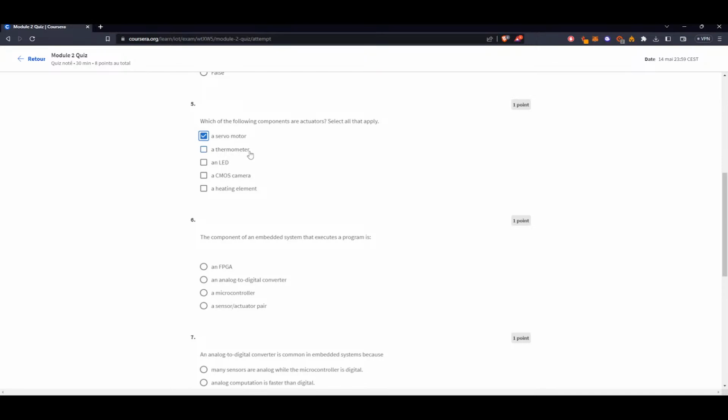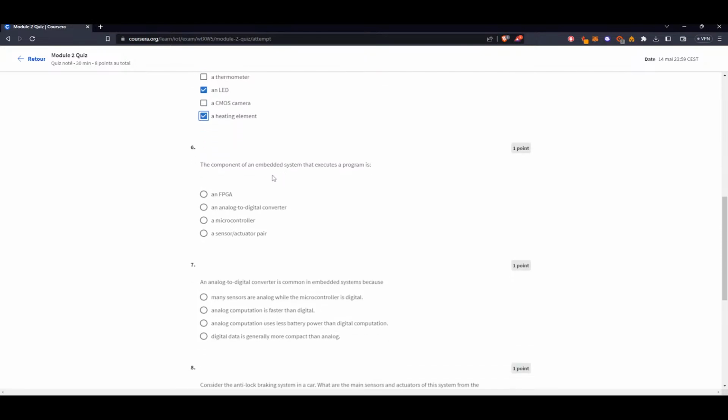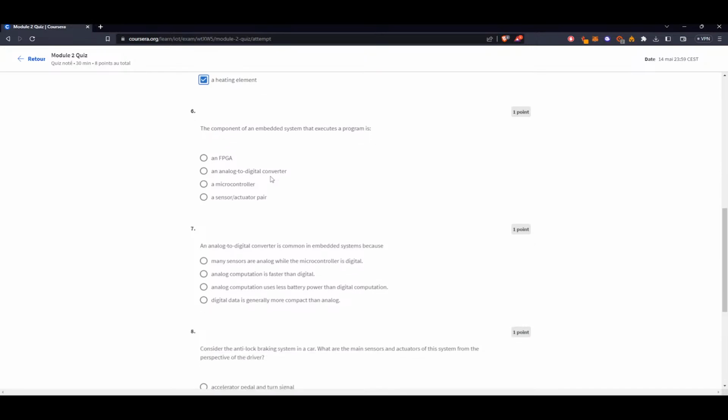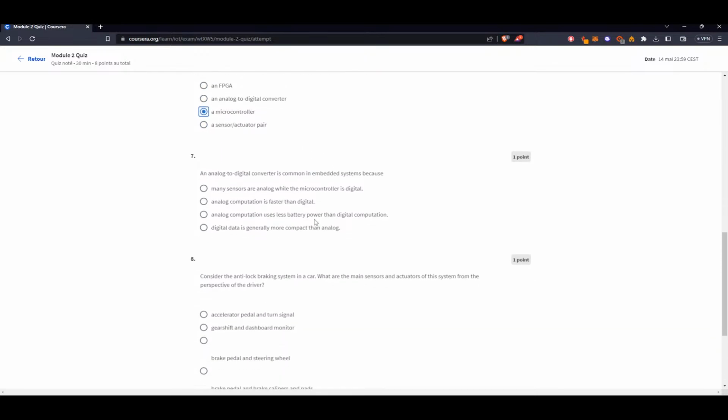Which of the following components are actuators? Servomotor, thermometer, camera, heating element. Servomotor is an actuator. The component of an embedded system that executes code: microcontroller.